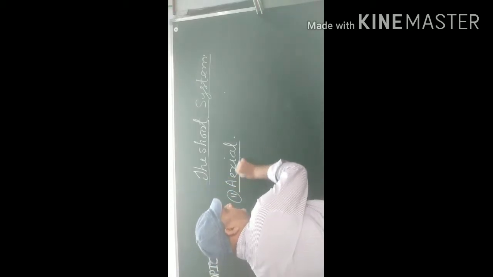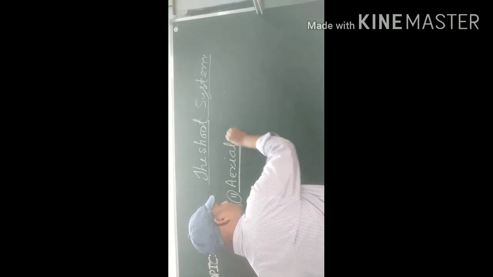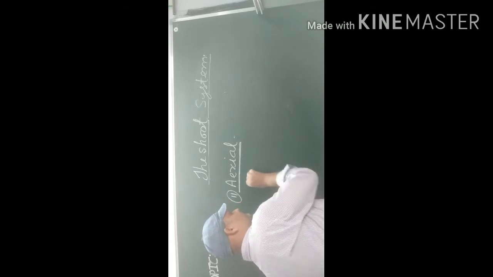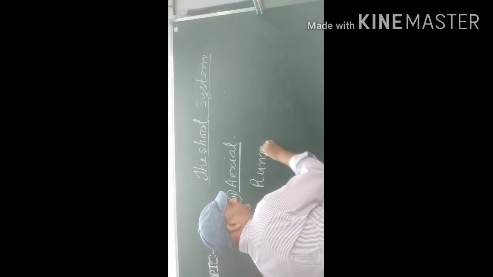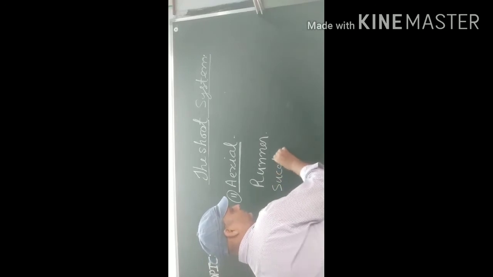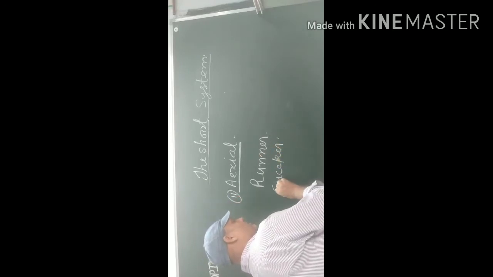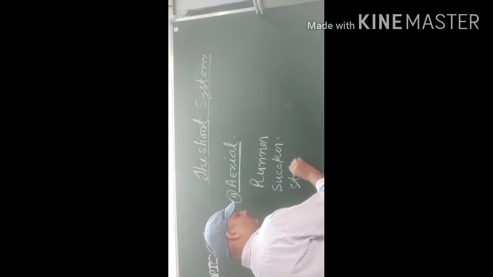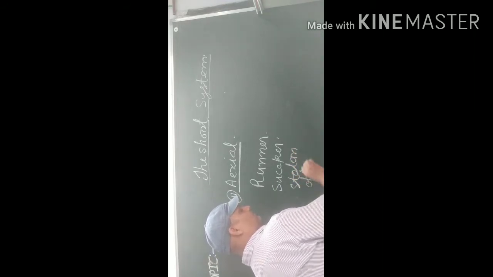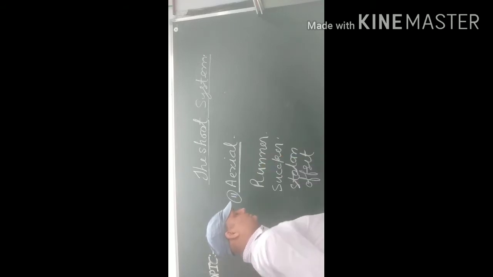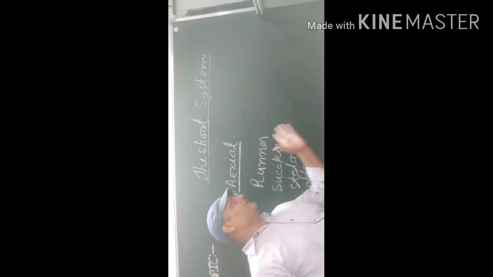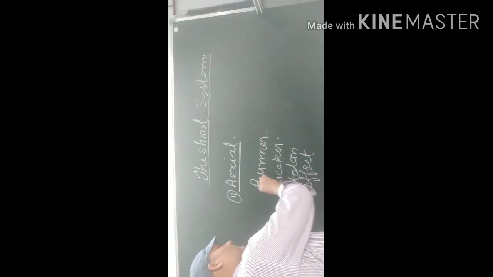They are found in various forms: runner, sucker, stolon, offset, phylloclade, cladode. Various forms of stems are formed.